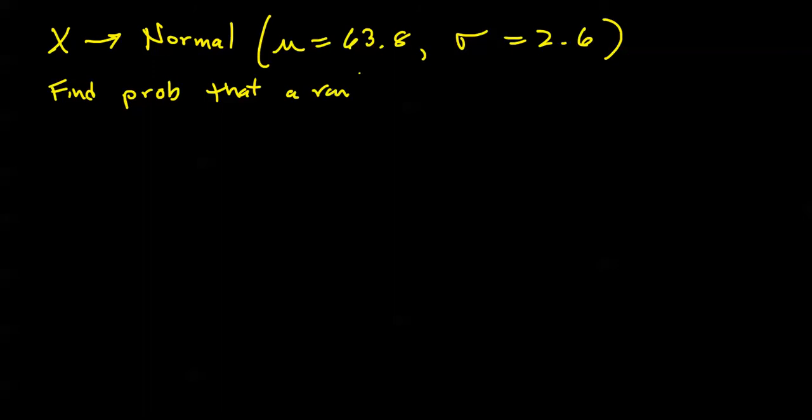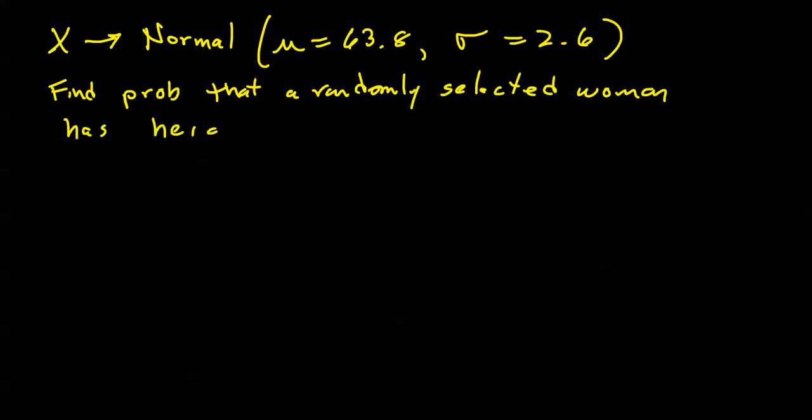And I'll say find the probability that a randomly selected adult woman has a height greater than 70 inches. So that's 5 feet 10 inches.